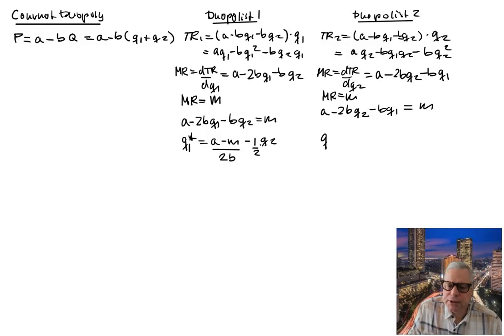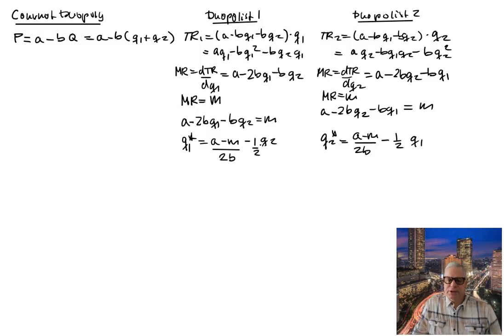What we should get is Q2 star is A minus M over 2B minus 1/2 Q1. So now you see that each duopolist needs to respond to the other duopolist by finding the optimum quantity.